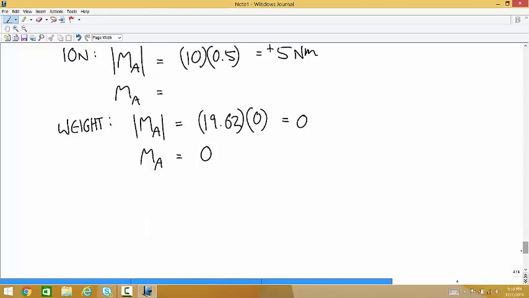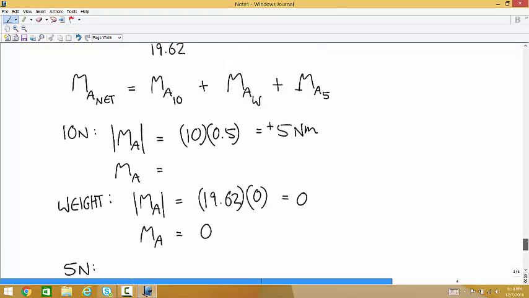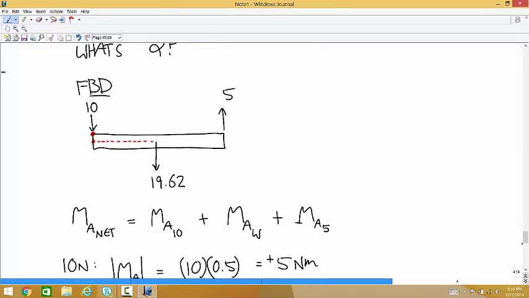And then the 5 Newton force. The 5 Newton force is applied here. Is that force perpendicular to the line between where it's applied and the axis? No. But where can we move that to? Yep, just move it right to here.